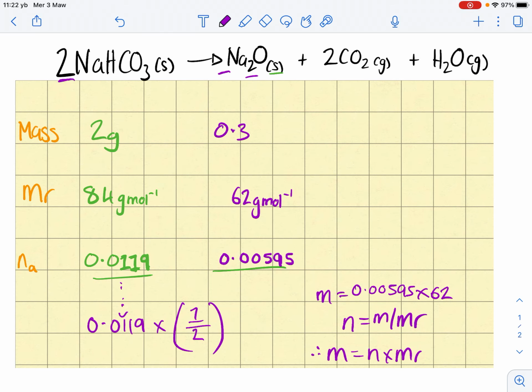So if we start off with 2 grams of sodium bicarbonate and heat it till it decomposes, if sodium oxide is actually the product, we should expect around 0.369 grams. I'm saying around because there may be some product that's lost, it may not be completely decomposed, and there are all different factors that come into play, but it should be approximately 0.369 grams.